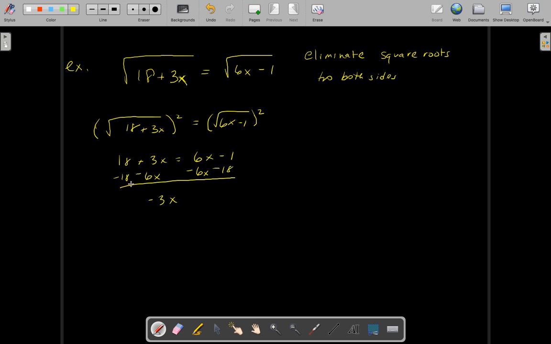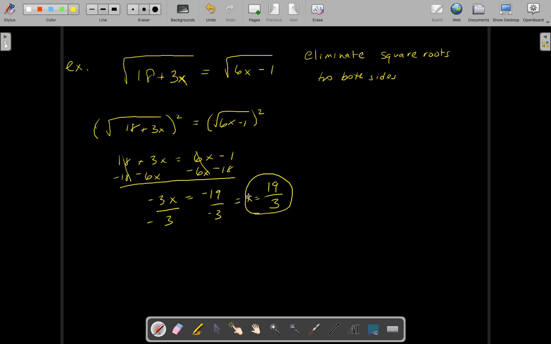The 18 cancels, and this would give us -19. Then I divide by 3, and my value should be 19/3, so positive 19/3. Tough question, I know, but that's the way to do it.